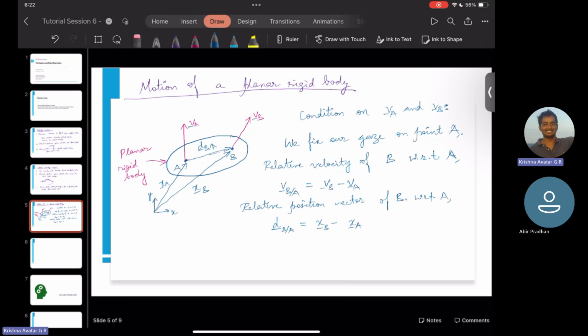Right. Now let's look at the relative velocity that we have been talking about.